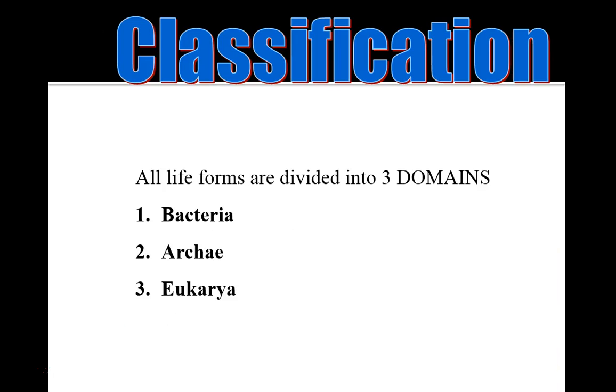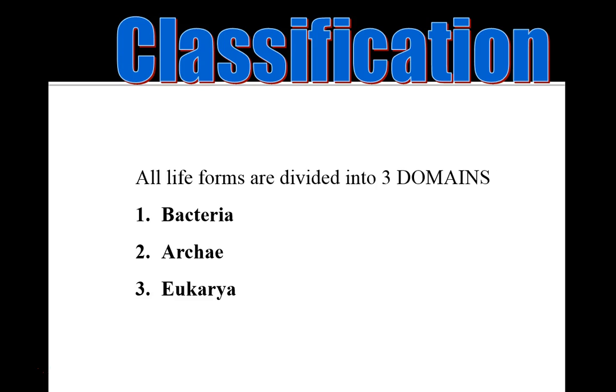But we can take all life forms and put them into what are called domains. So more recently, scientists have used a domain system based upon DNA evidence to basically categorize living things into the bacteria domain, the archaea domain, or the eukarya domain.